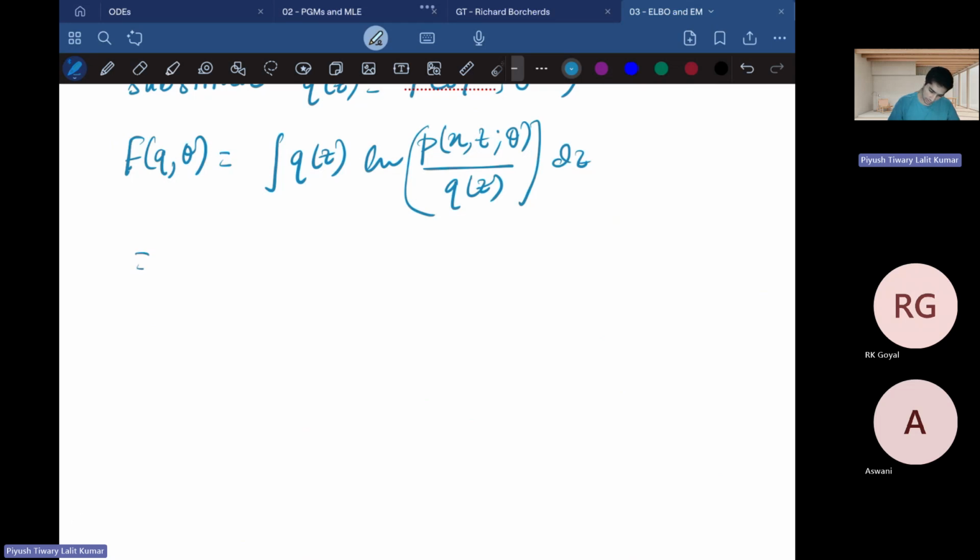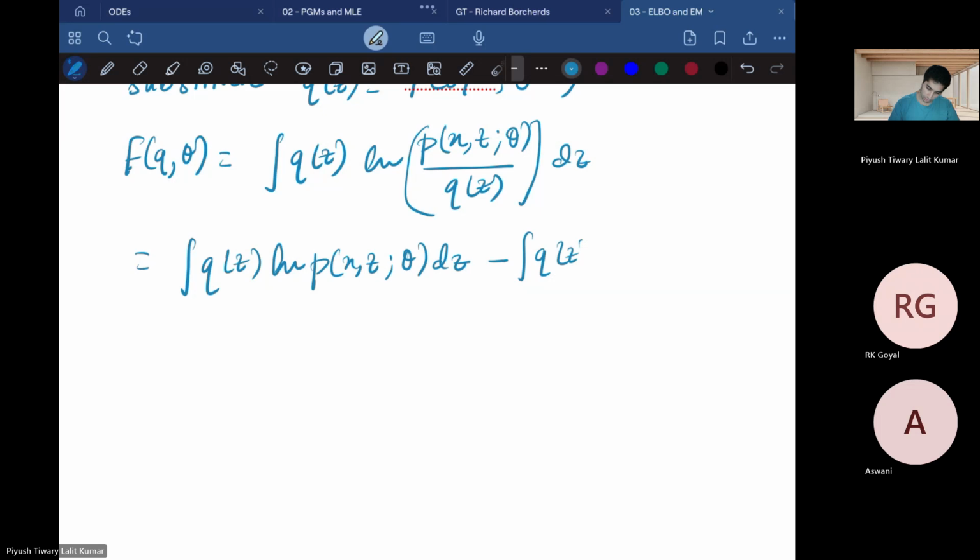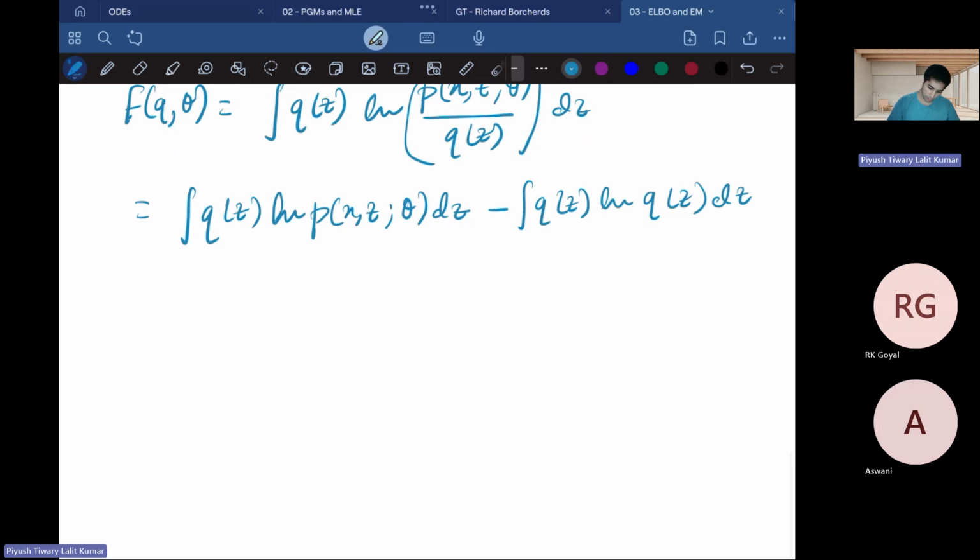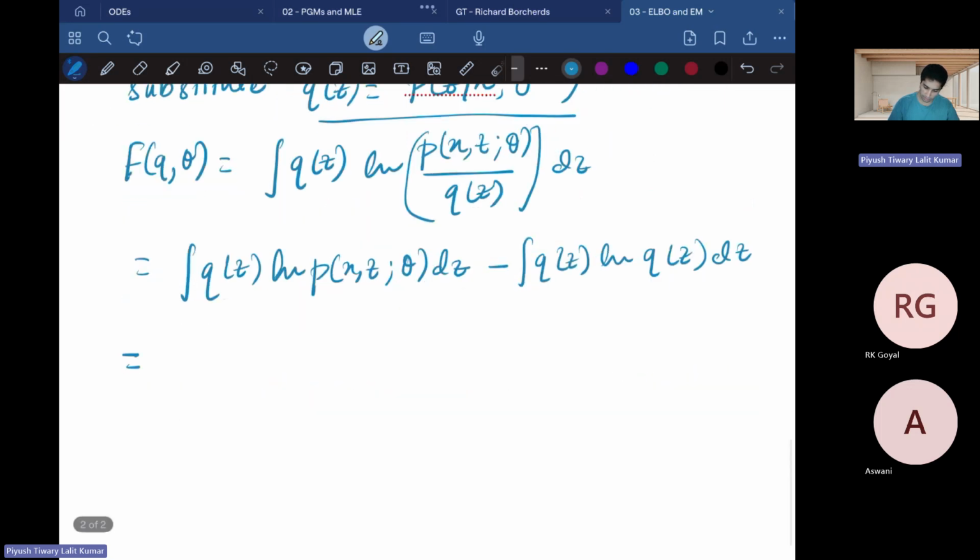So this can be written as the integral of Q of Z, and I will split the log. This will become the integral of Q of Z log of P of X comma Z theta dz, minus the integral of Q of Z log Q of Z dz.